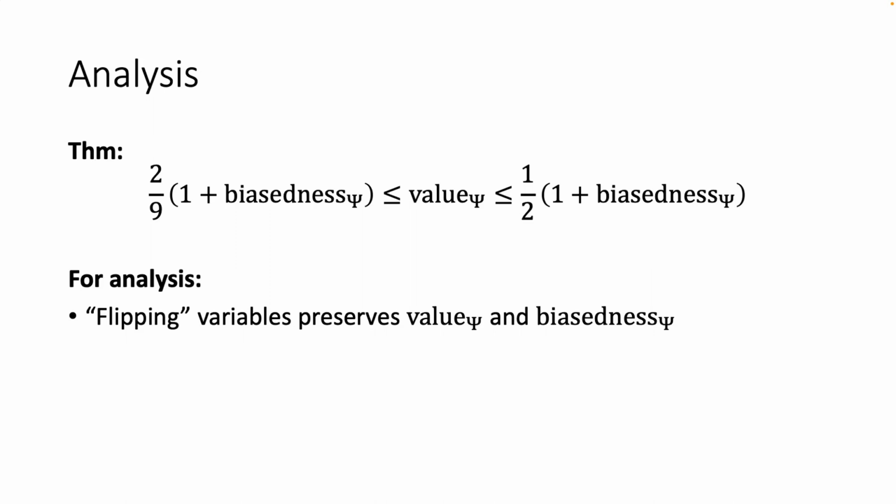It also maintains the value. You can think of this change as a bijection on the space of all assignments, so every assignment is mapped to a new assignment with exactly the same value just by flipping that variable.